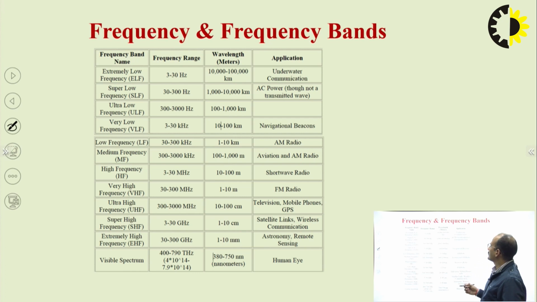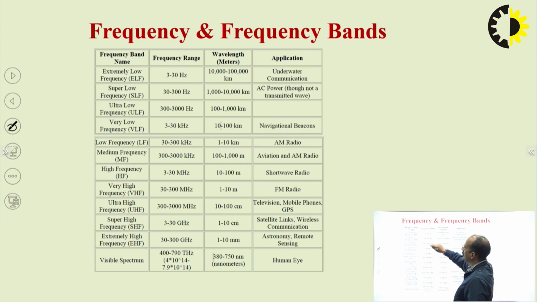First of all, frequency and frequency band. The complete frequency range is divided from 3 Hz to 790 terahertz, and this range is divided into various frequency bands, named ELF, SLF, meaning extremely low frequency, super low frequency, and so on, up to the visible spectrum.